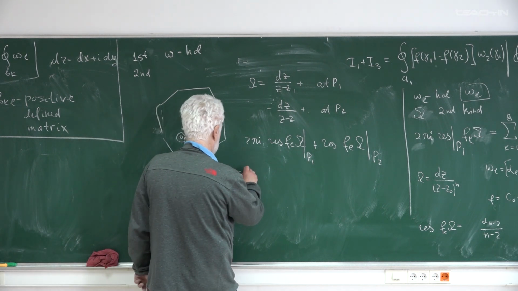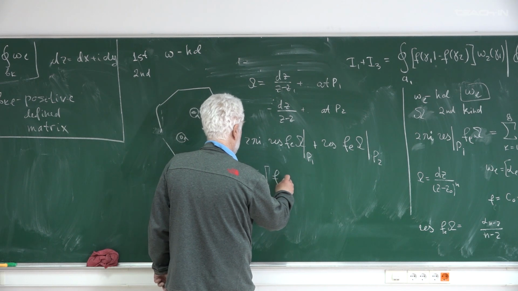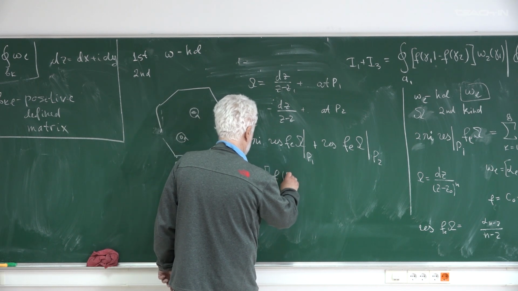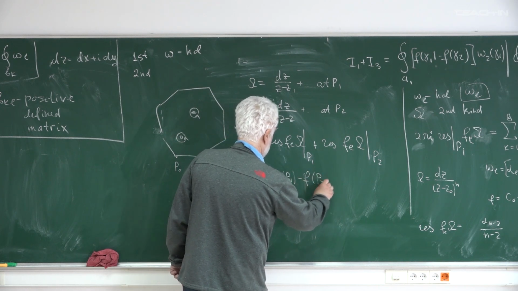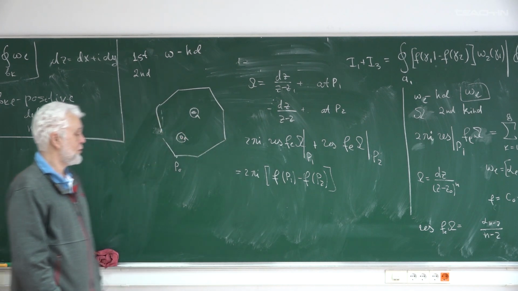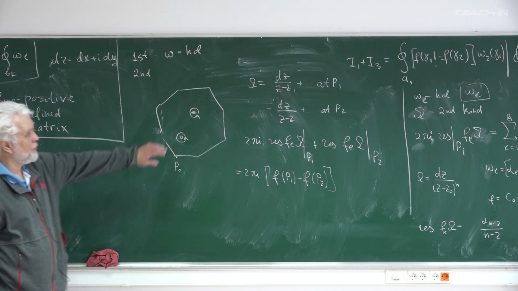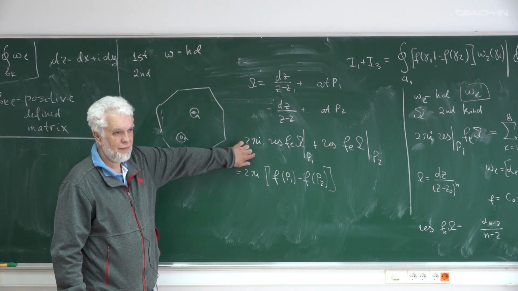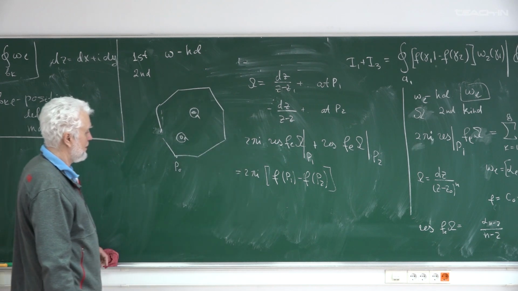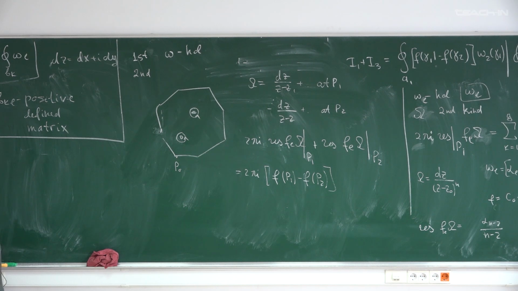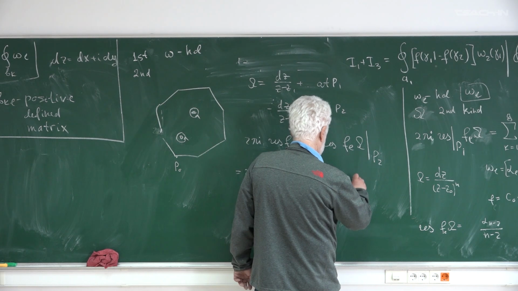So it will be 2 pi i times f at P1 minus f at P2. You agree? You have this formula, so it's not a problem to calculate the residues. But of course, it can be written 2 pi i.